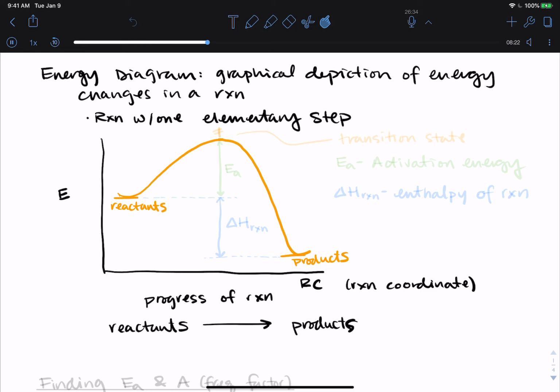Now, the way that I have drawn this reaction, because the products have a lower energy, a lot of people will say that the reaction is going downhill. You can have reactions that go uphill. It just so happens that this is an exothermic reaction because of how it traveled, but we've talked about endothermic reactions, even if we haven't done the thermo chapter. So the two differences that I want to label on here.